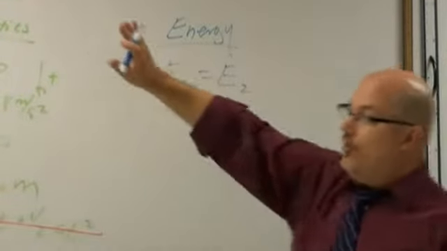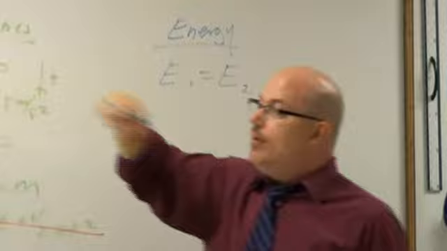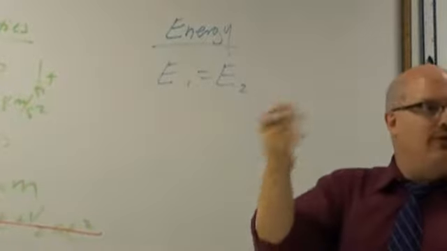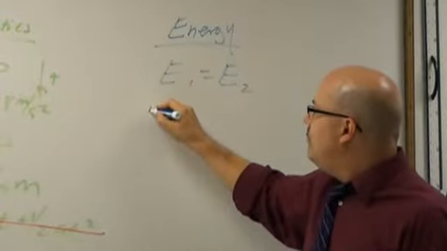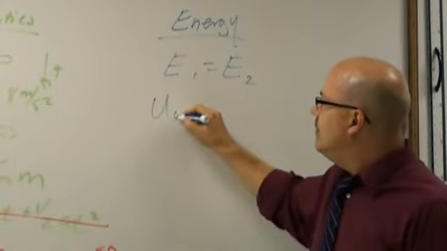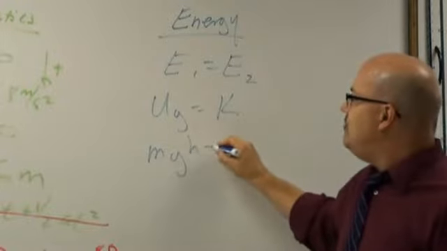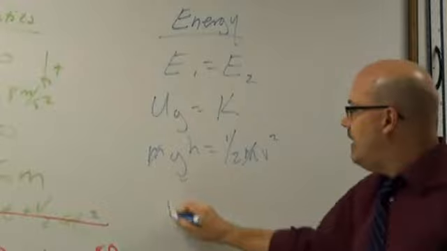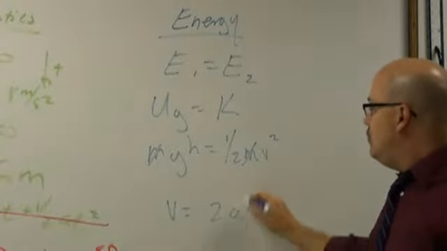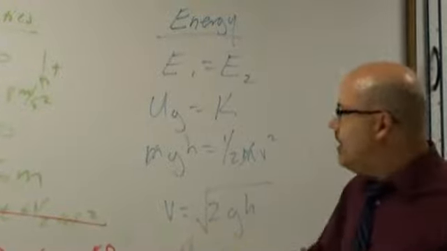So we can account for all the energy we start with and what we end with, and we only have conservative forces acting on it, right? So we have potential to start, and we end with only kinetic. So mgh equals 1/2 mv squared. That cancels, and I get v equals the square root of 2gh, and we have the same.